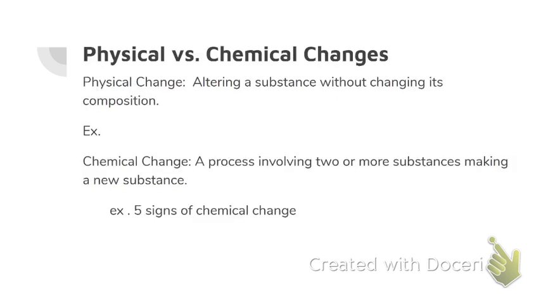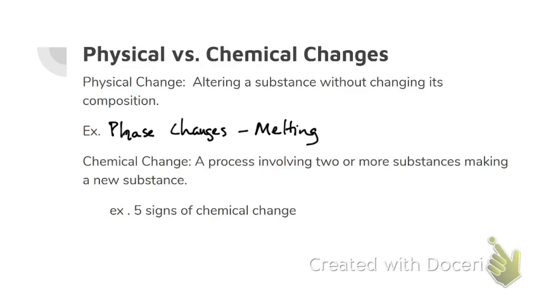All right, so physical versus chemical changes. A physical change is something where there's actually action occurring, but it doesn't change the composition. A really common example is what we call phase changes. There are 3 phases that we work with in class: solid, liquid, and gas. Let's take the example of melting ice.